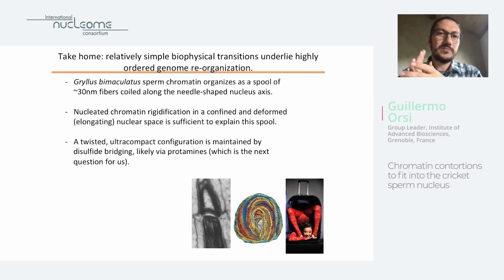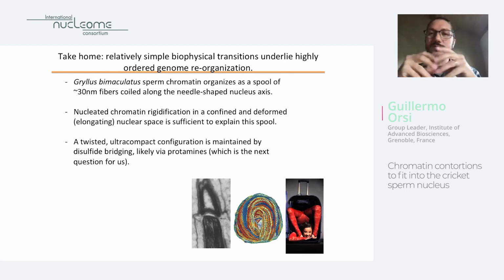So in this particular species, the sperm chromatin organizes in a very weird way, into thick fibers that can coil and elongate along the nucleus axis. And what is really striking is that most of this organization can be explained by a pretty simple set of biophysical transitions.